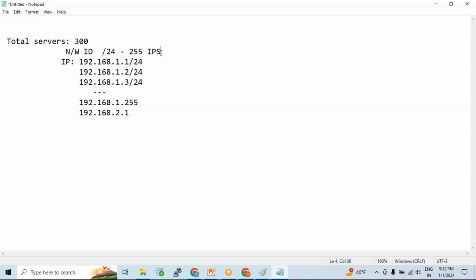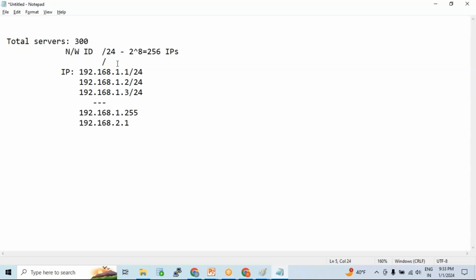Like in general, /24 means 2 power 8 equal to 256. It is actually 256, not 255, because it starts from 0. 0 to 255 will be 256.